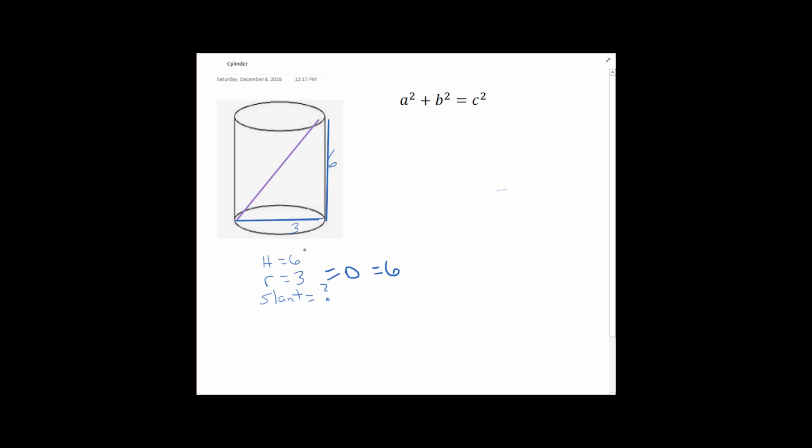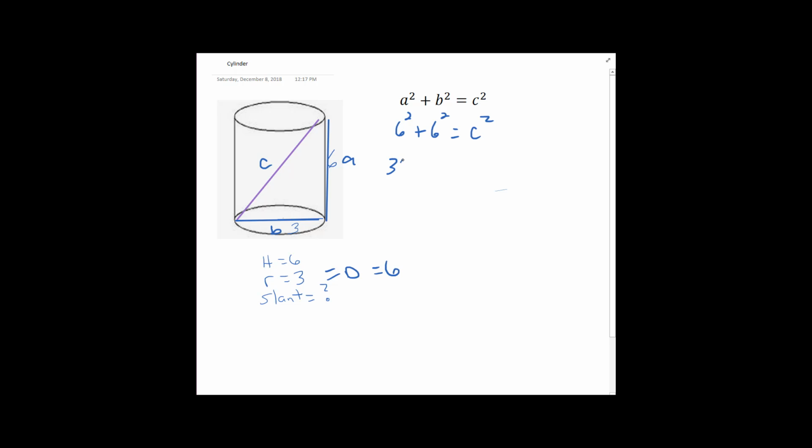And then the slant, right here, the purple, we don't know what that is yet. So again, we have our A, we have our B, and we need to find C. A, we know is 6, and we're going to square that. And B is also 6, and we're going to square that. And that's going to equal, we don't know.